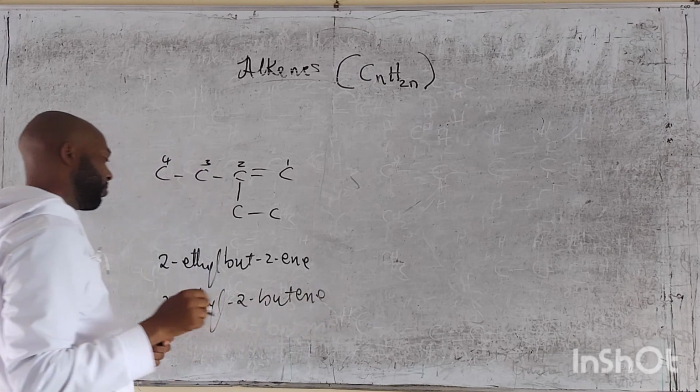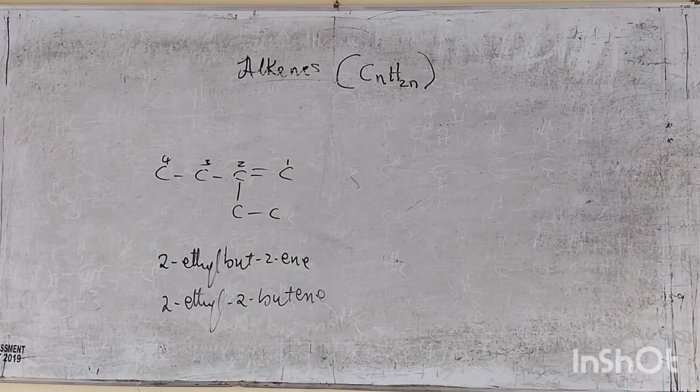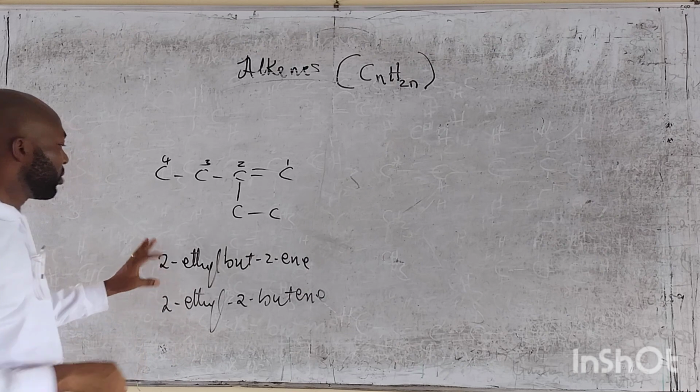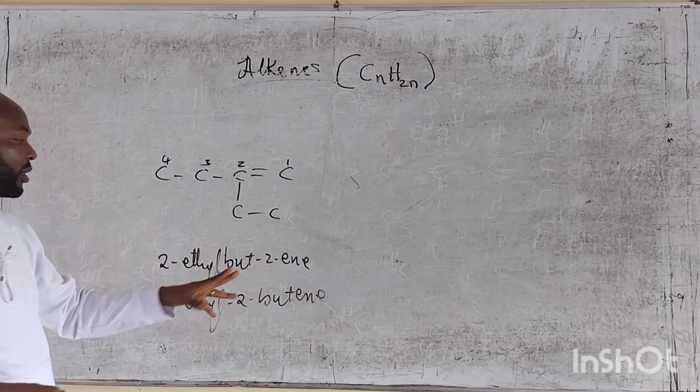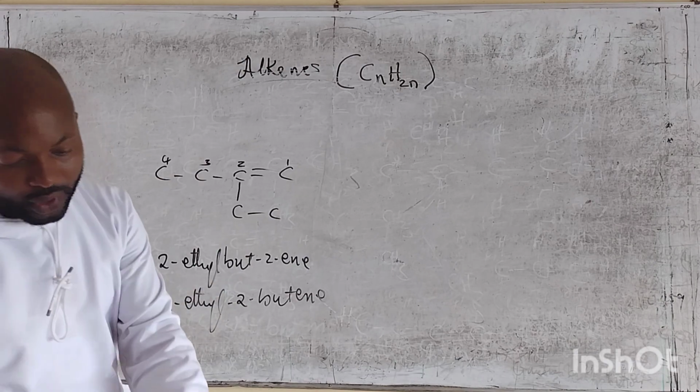The one you like best, you deal with that. Alright, so you must separate them with these hyphens. Use this to separate them. That's what they're trying to tell us.